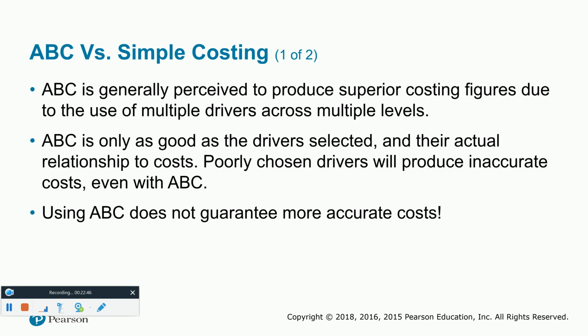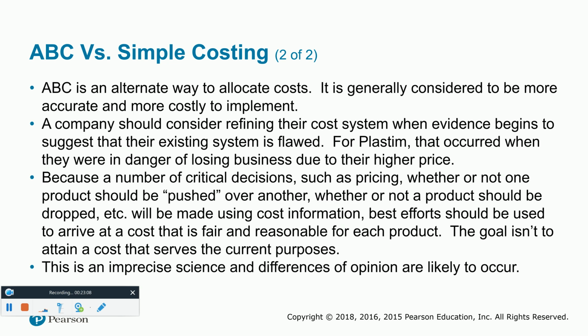ABC, activity-based costing, is generally perceived to produce superior costing figures, more accurate. But once again, because we're dealing with indirect costs, nothing is going to guarantee accurate costs. All right? So we need to be very careful. It is certainly a better method to allocate costs, but it's not an absolute. All right? It's generally considered to be more accurate.